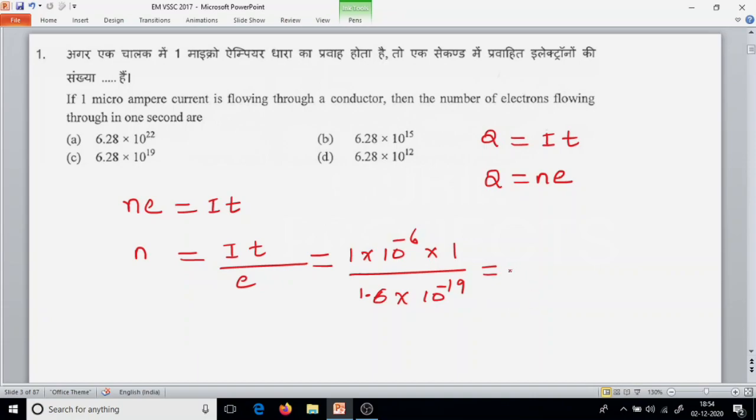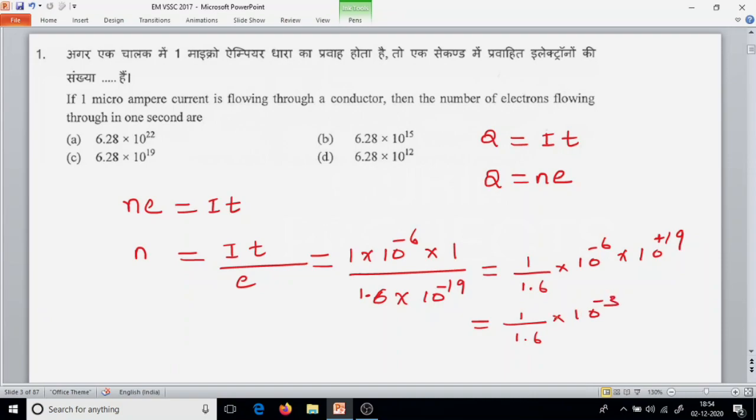Now what we get? 1 divided by 1.6, and when it goes up, it will be 10 to the power minus 6 multiplied by 10 to the power 19. So we will get 1 divided by 1.6 multiplied by 10 to the power 13.